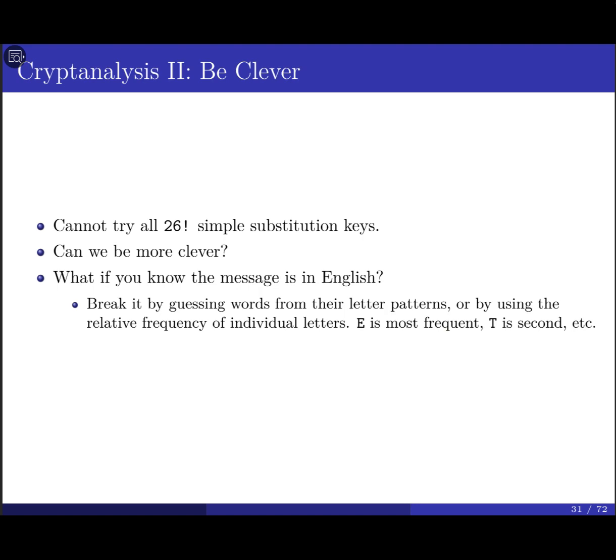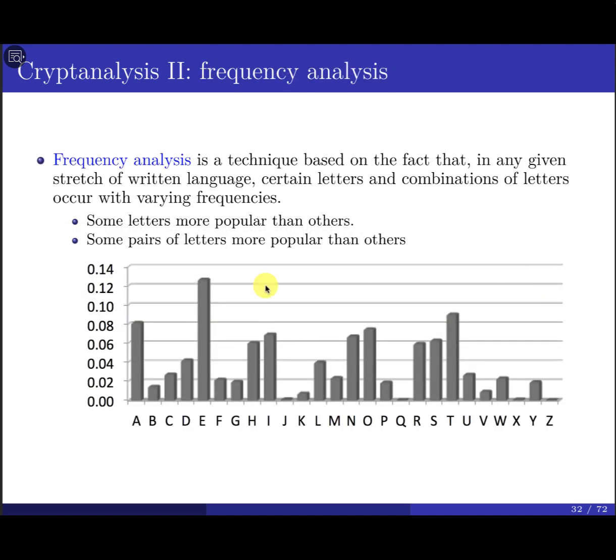As you know, in the English language, the most frequent letter is going to be E, the second most frequent letter is going to be T, the third one is going to be A, and so on.